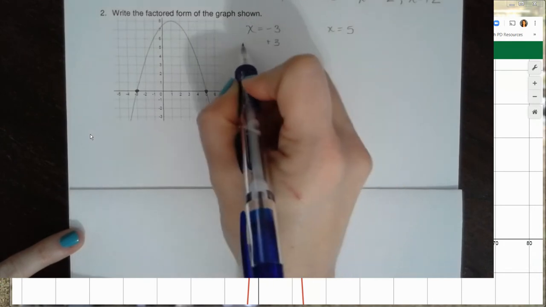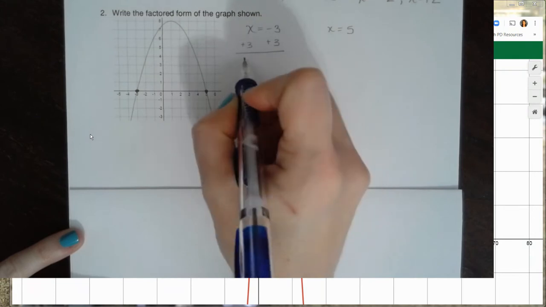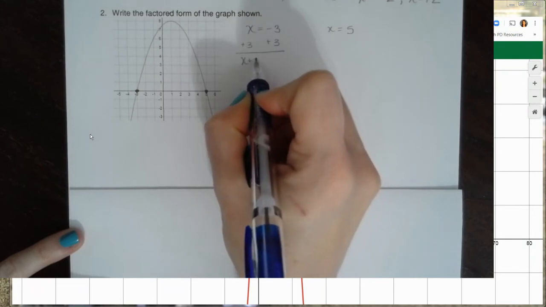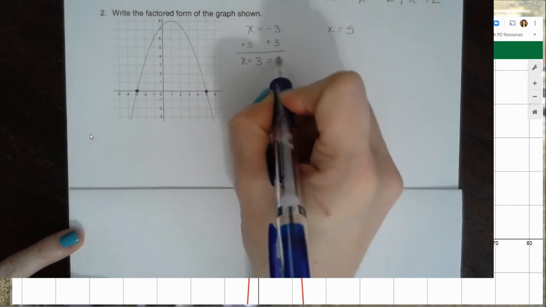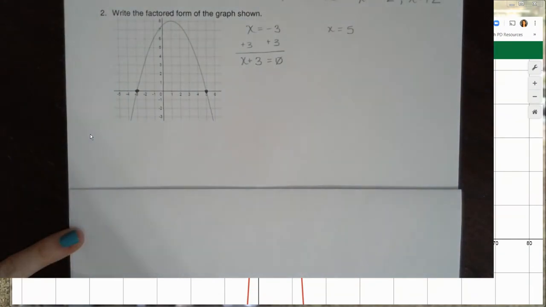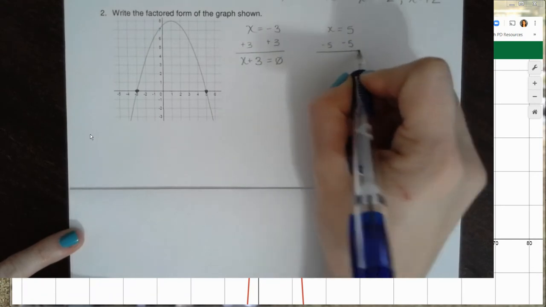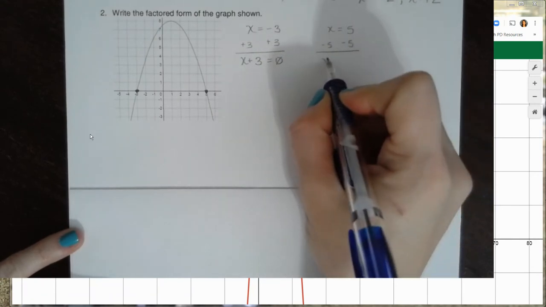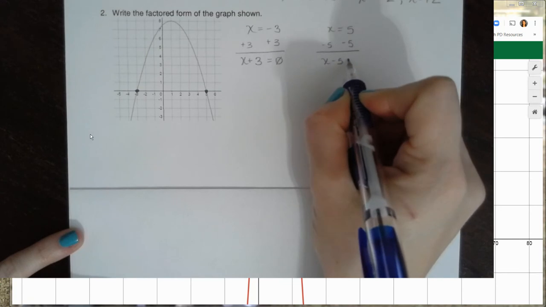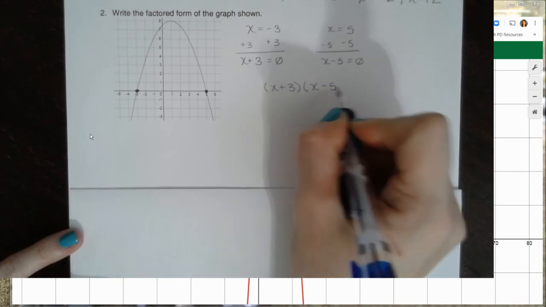I'm going to add 3 to both sides. So the factor that I started with was x plus 3, and that's what was equal to 0. I'm going to do the same thing over here. I'm going to subtract 5 from both sides, so I'll have x minus 5 equals 0. So my two factors are x plus 3 times x minus 5.